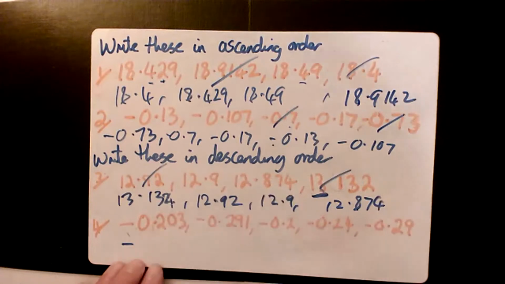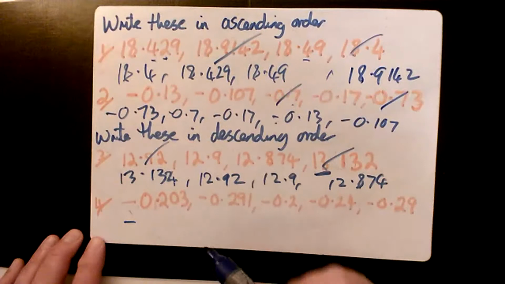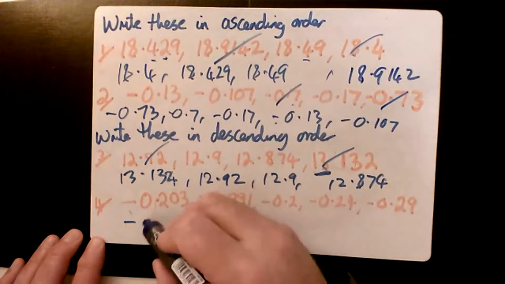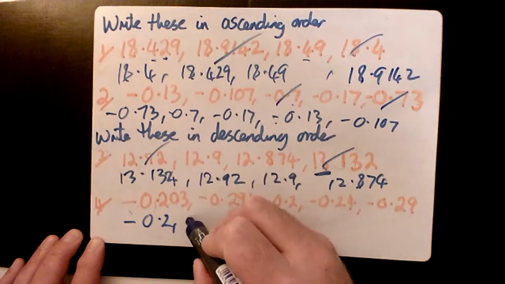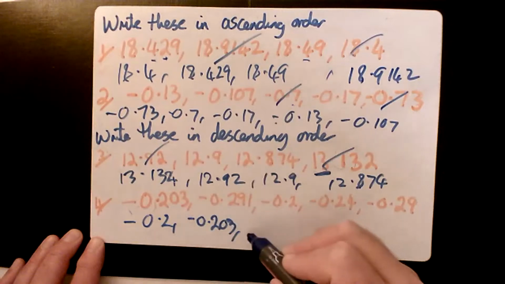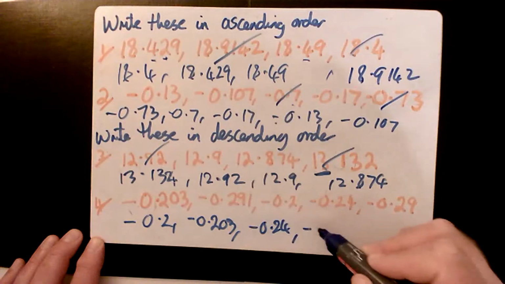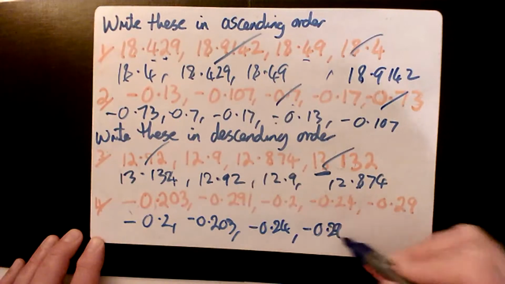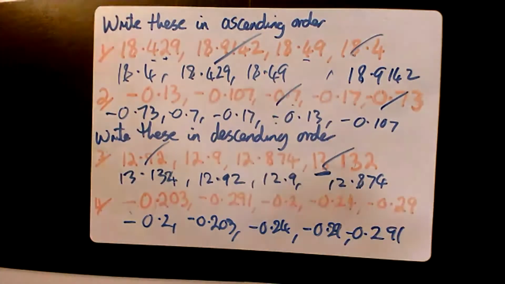And then the last one, descending order, so the biggest number is minus 0.2, then minus 0.203, minus 0.24, minus 0.29, minus 0.291. Mark those quickly.